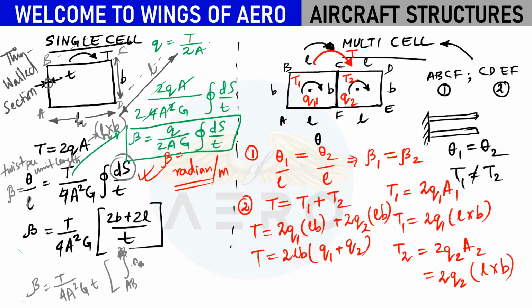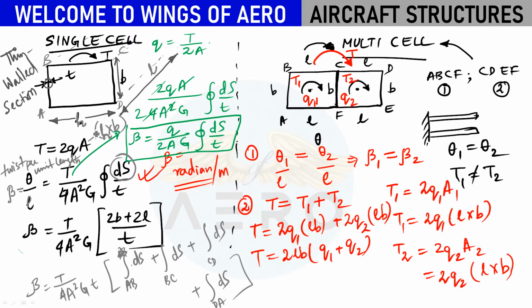So ds of AB, plus next we move to BC, the perimeter of BC, next CD, then DA. Now what is the length of AB? It is B. What is BC?